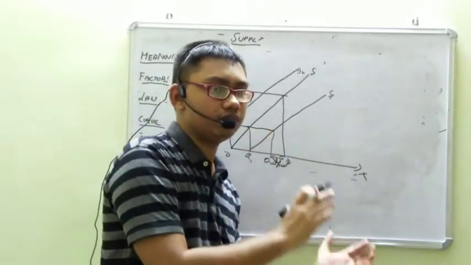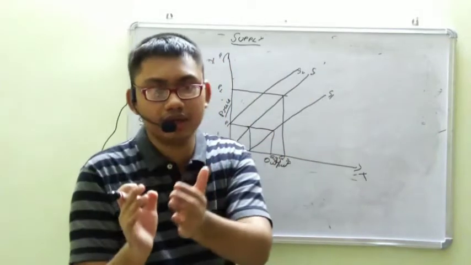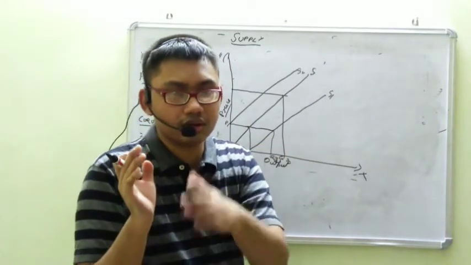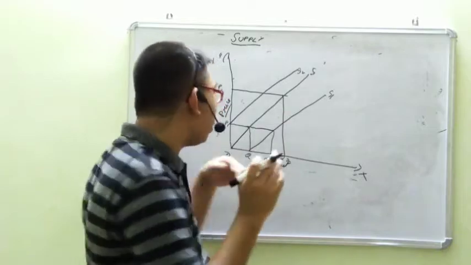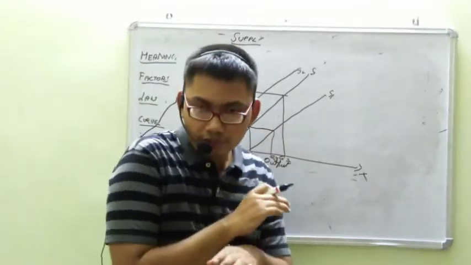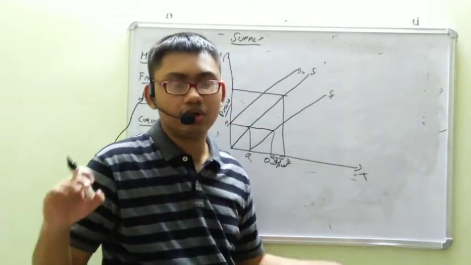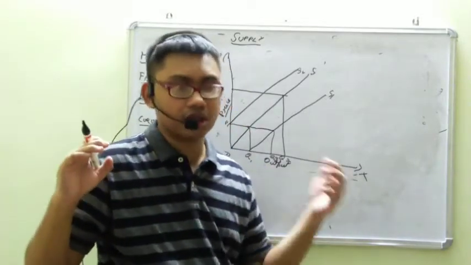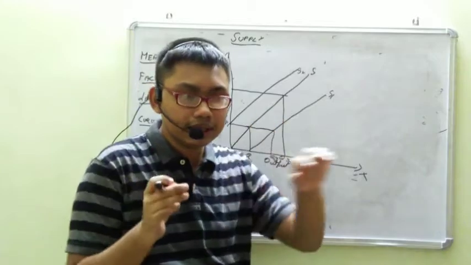Here, the producer moves from a supply curve to a new supply curve to the right. This is called increase in supply. On the contrary, if the quantity supplied decreases without any change in price, due to some change in other factors, this is called decrease in supply.